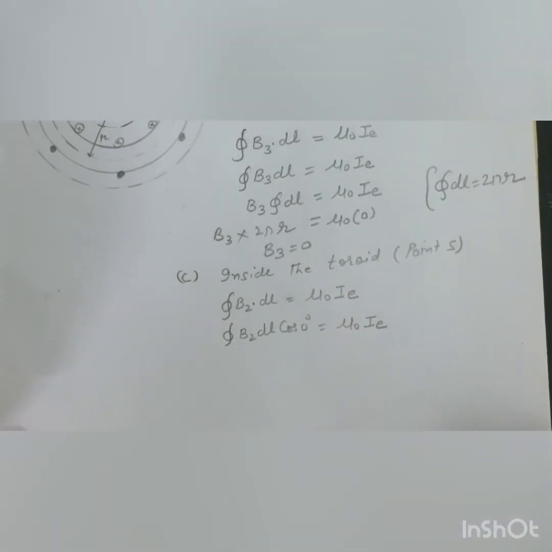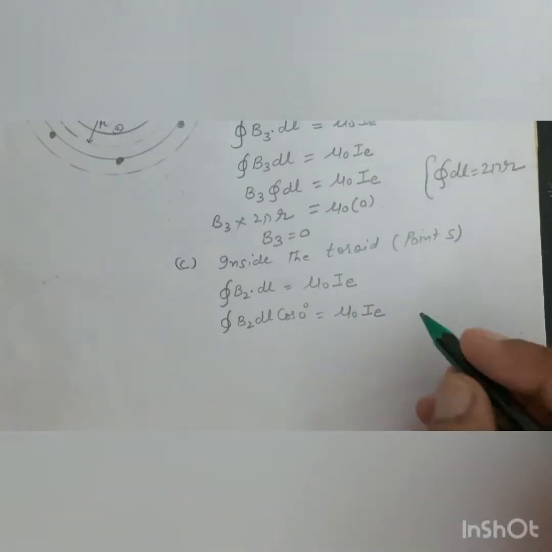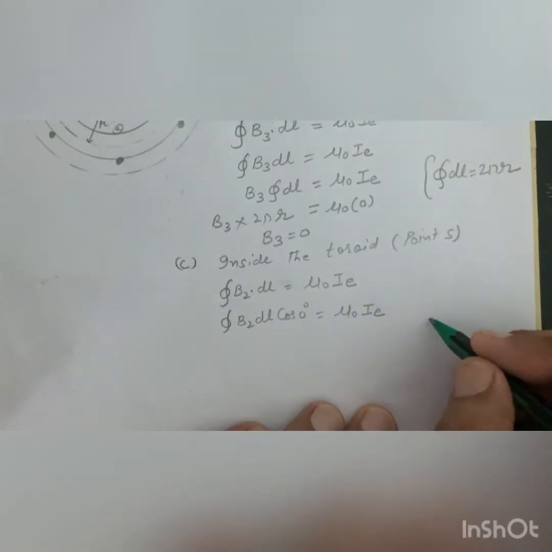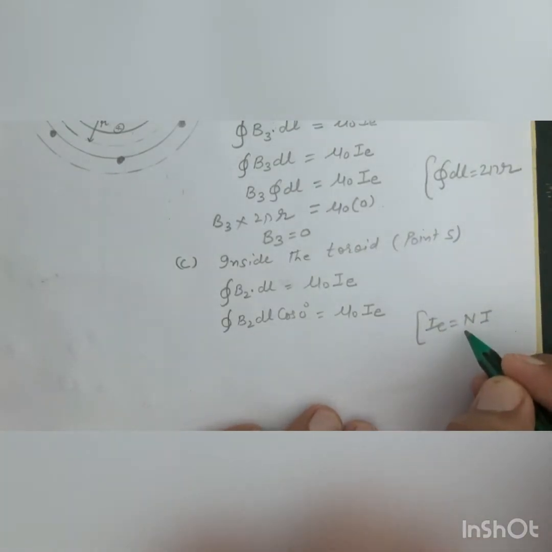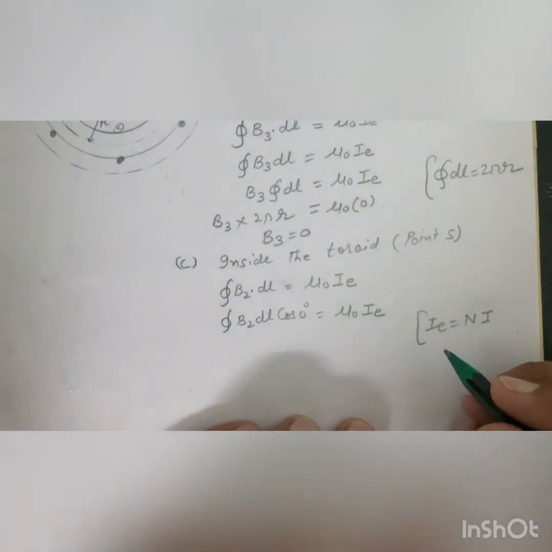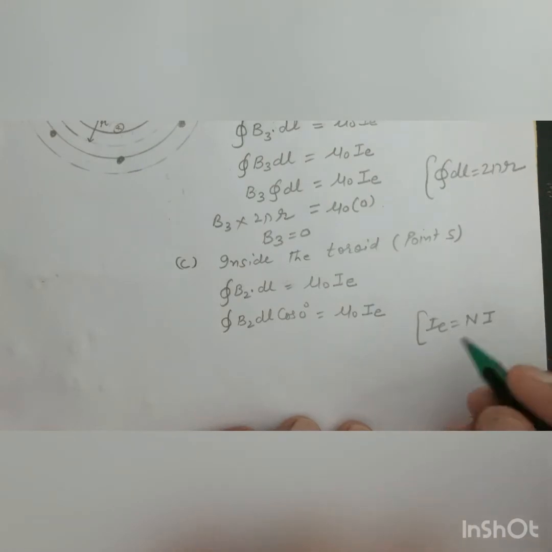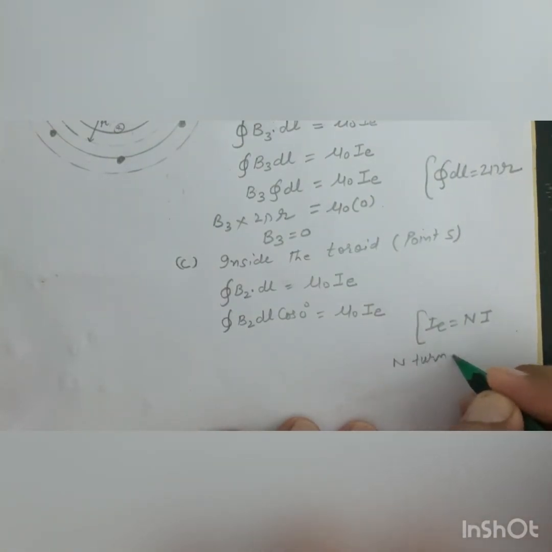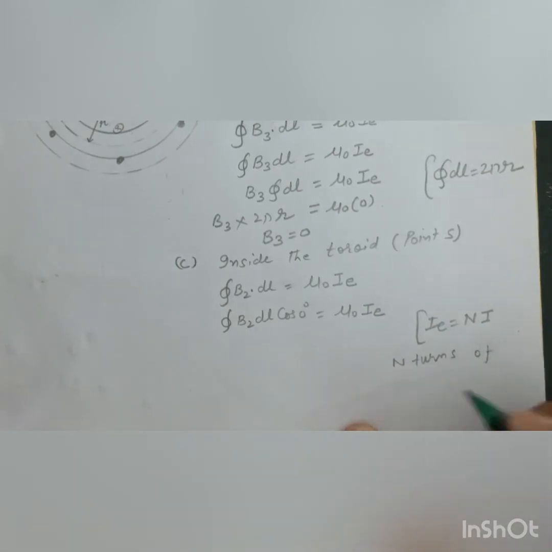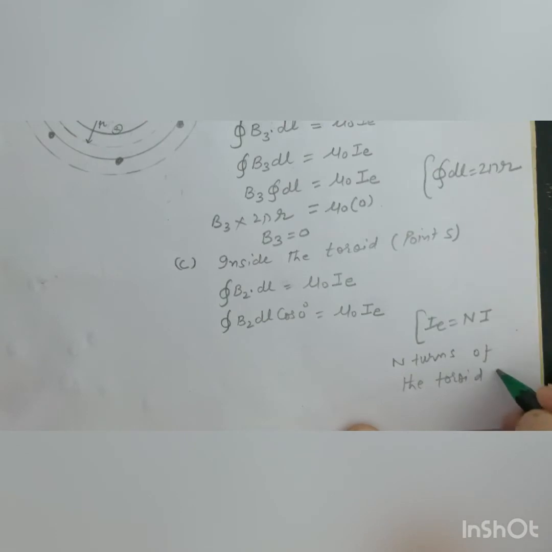Here we know that the current enclosed is N i, where N is the number of turns of the toroid coil.